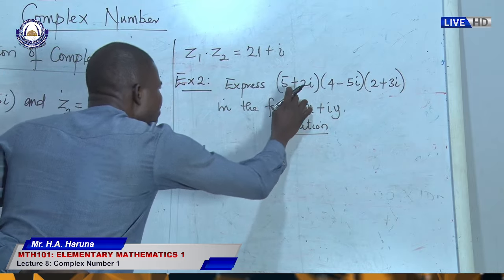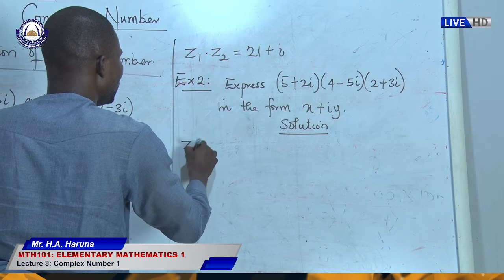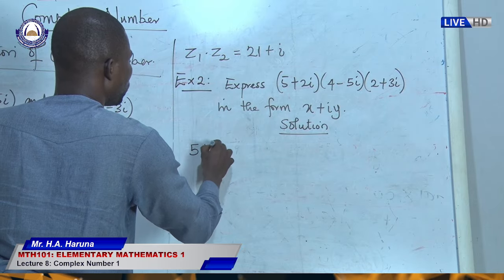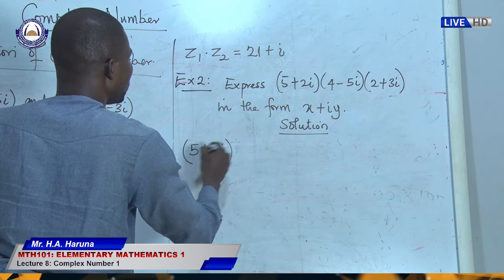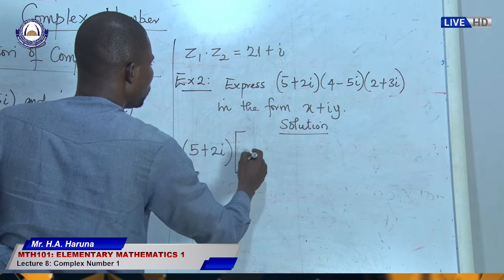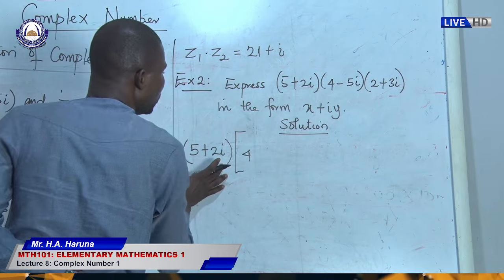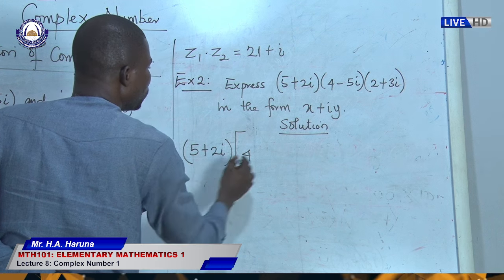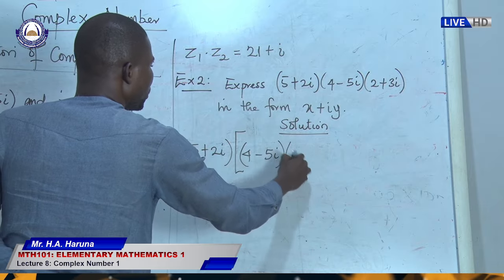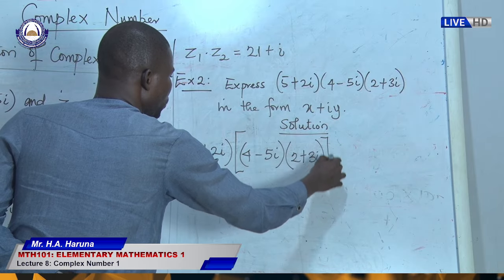You have three terms then, Z1, Z2, Z3. Let's just go straight to the point. 5 plus 2i into, let's do the last two first. Keep the first one. So you have 4, you can see that I use bigger bracket, that means I want to operate these two, then leave this for now. Minus 5i, another 2 plus 3i, let's close this bracket.